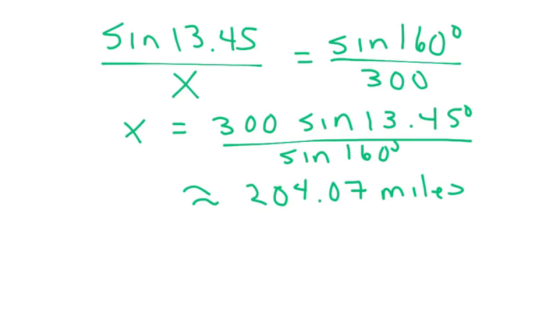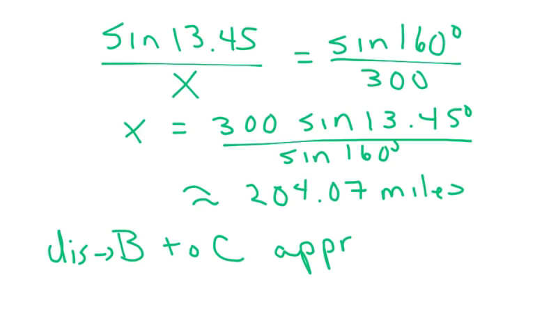So the distance from B to C is approximately 204 miles and then some. Okay?